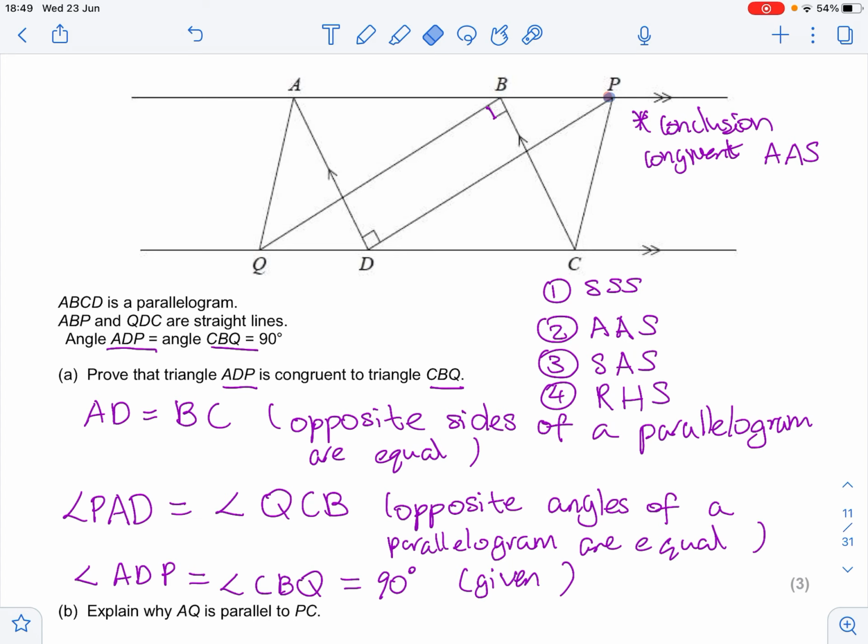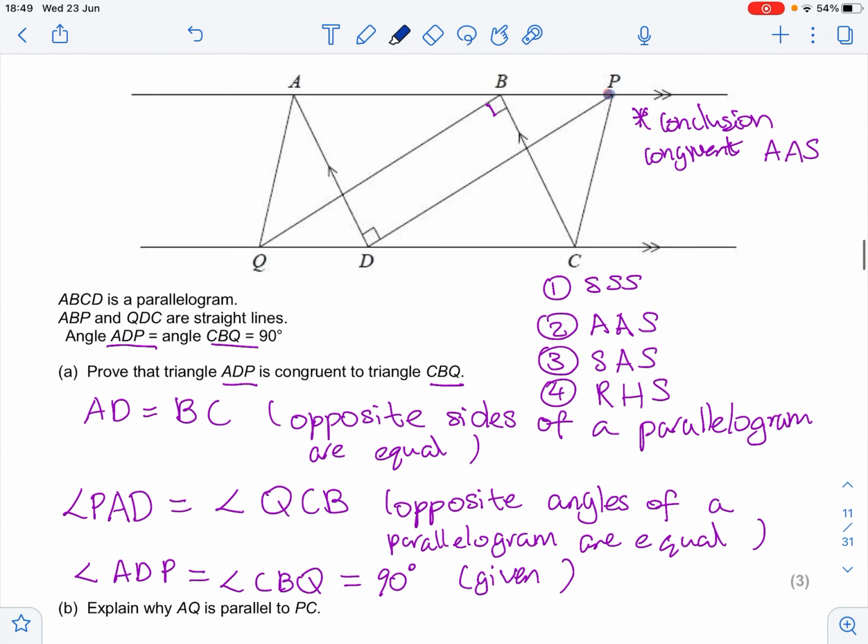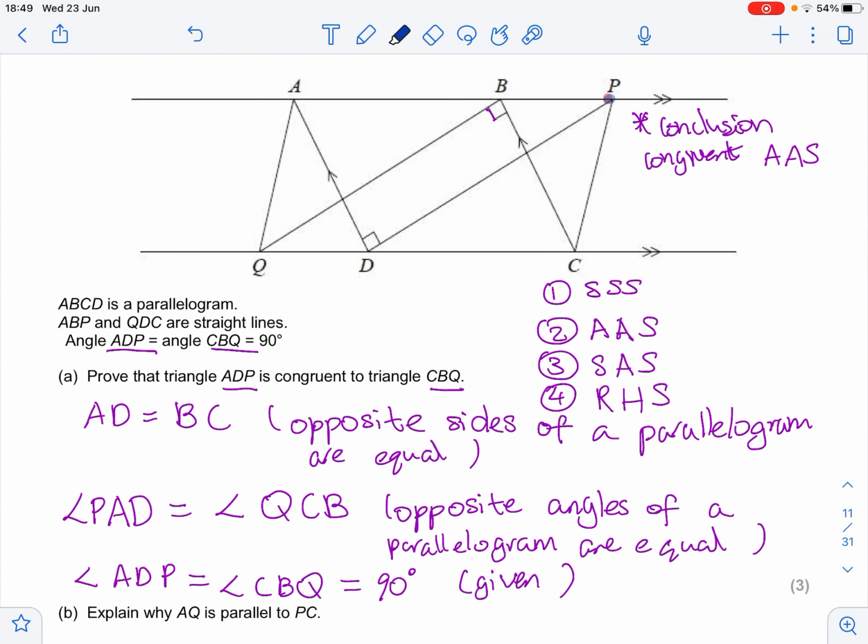In here we are asked why AQ is parallel to PC. So we need to identify that a pair of sides are equal.